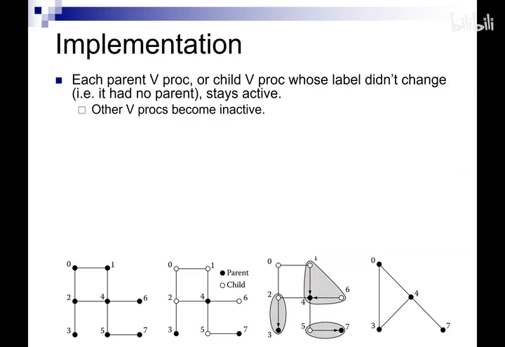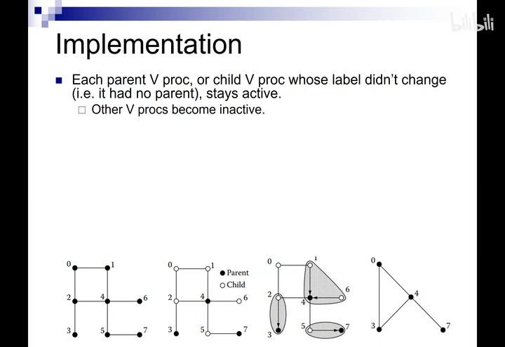Next we're going to deactivate some of these processes because we don't need them anymore. First of all, each parent process is going to stay active, so these black node processes are going to stay active.